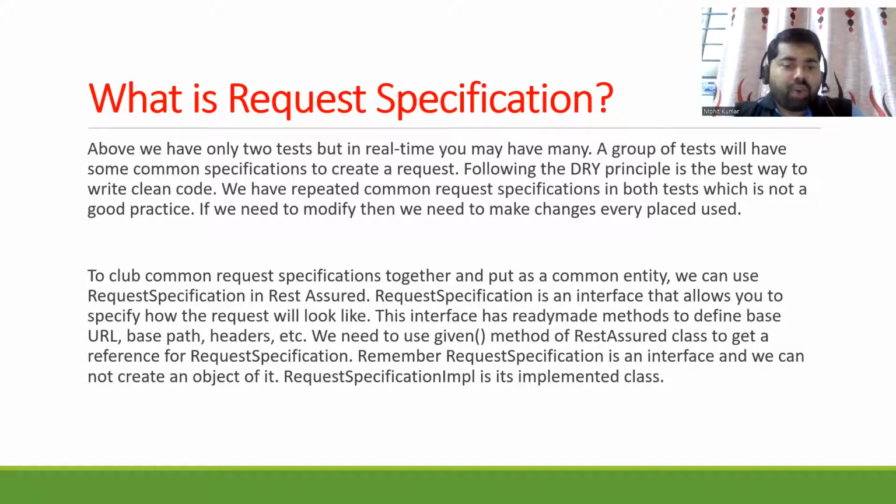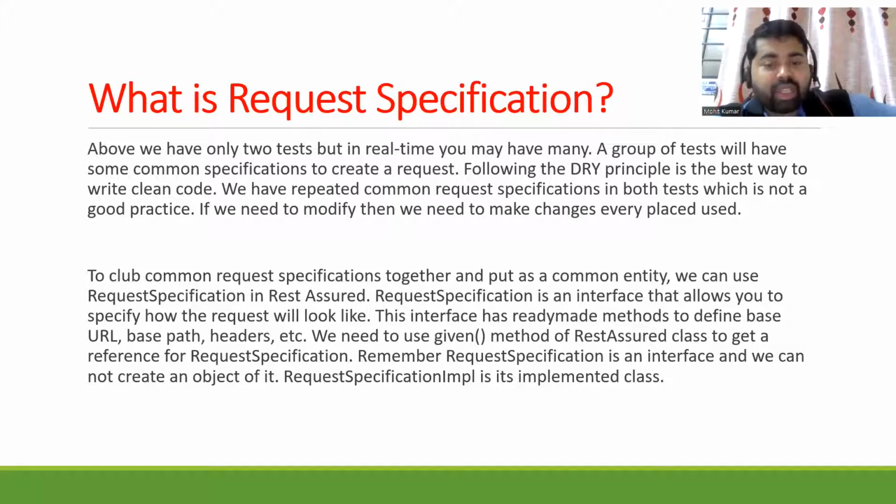To club the common request specification together and put it in a common entity, we can use request specification in Rest Assured. Request specification is an interface that allows you to specify how the request will look.